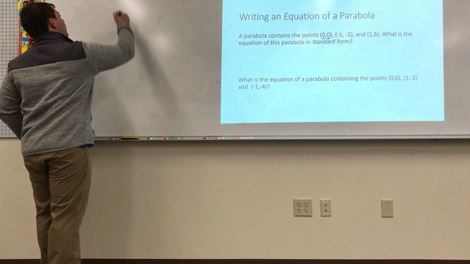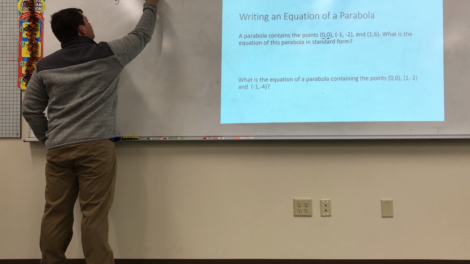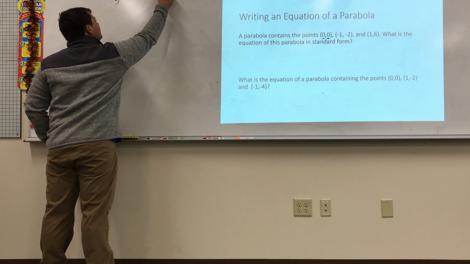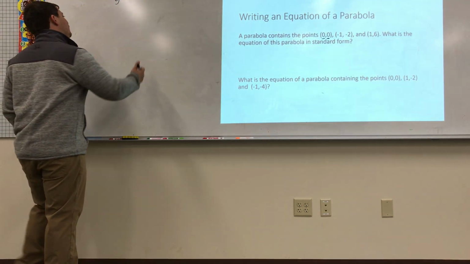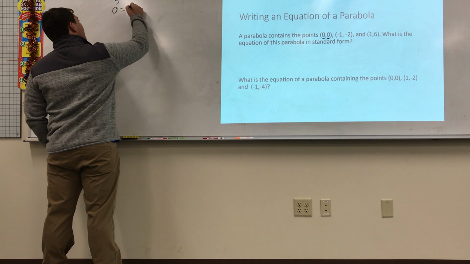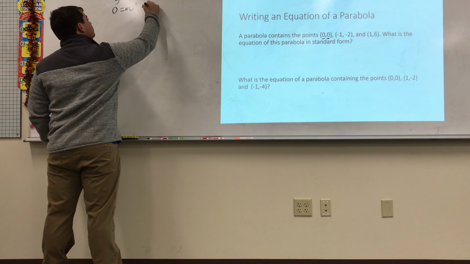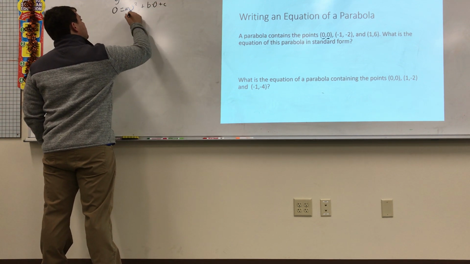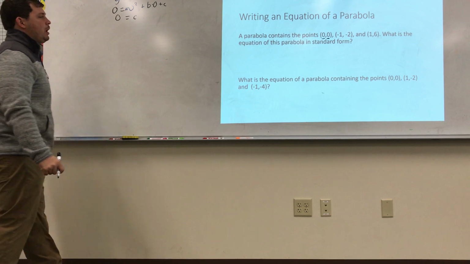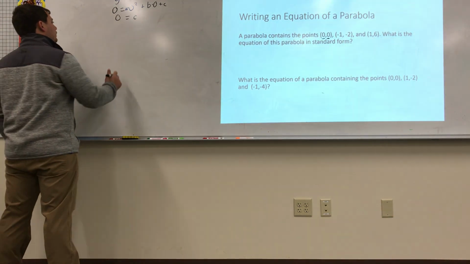Once again, we have y equals ax squared plus bx plus c. That is the equation of a parabola. We'll plug in (0, 0), and c will get 0. We plug in (1, -2).